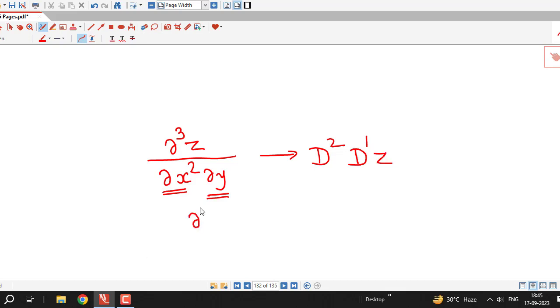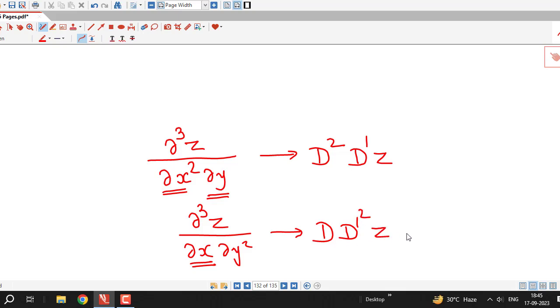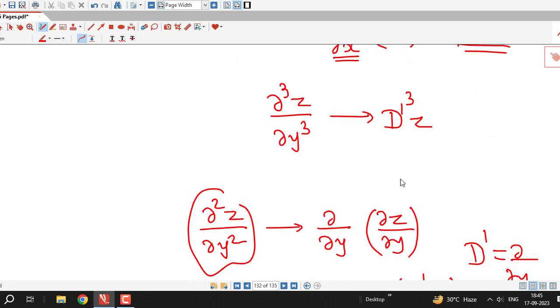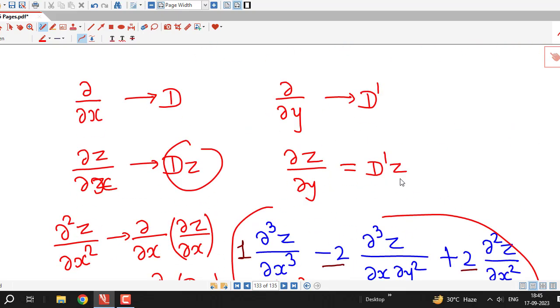Similarly, if I am having del cube z by del x del y square, then here partial derivative with respect to x is 1 time, partial derivative with respect to y is 2 times. So this is D D dash square z. So remember these notations, D and D dash for partial derivatives of given function with respect to given variable.